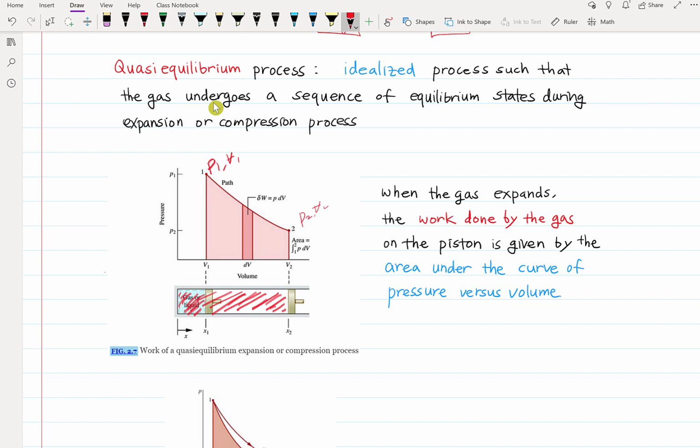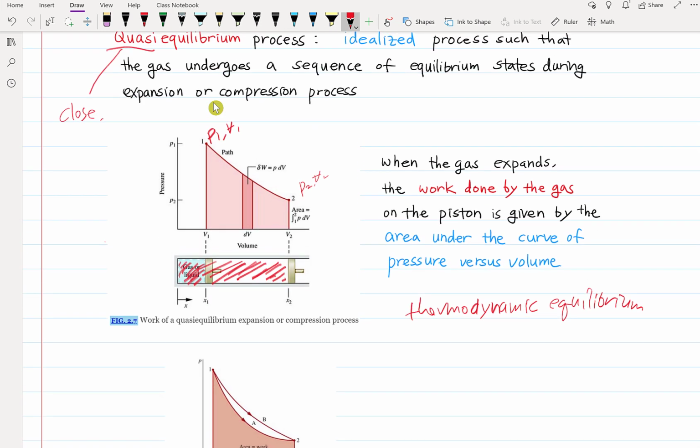Quasi means close. So what is equilibrium? When it refers to thermodynamic equilibrium, or just equilibrium, it refers to thermal equilibrium, mechanical equilibrium, and chemical equilibrium.